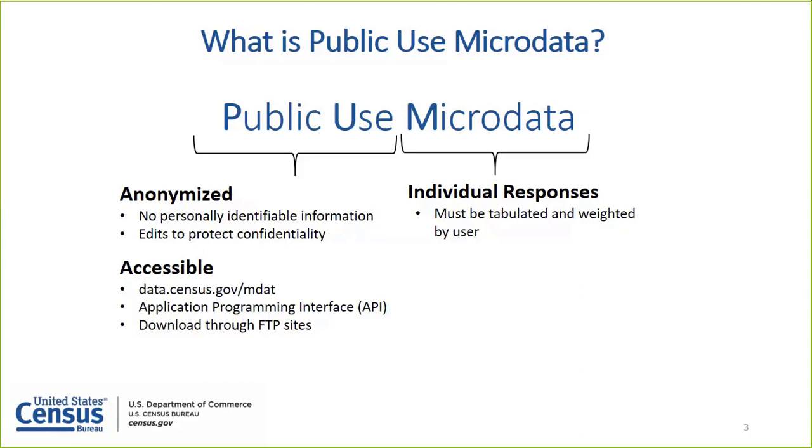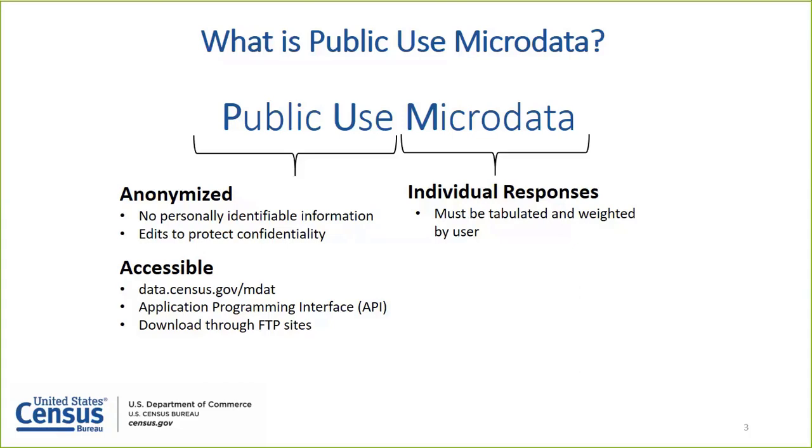The nice thing about data.census.gov/MDAT is you don't have to use your own statistical software in order to create tables with the microdata, and it's pretty user-friendly and easy to access the different screens in comparison to certain statistical software.